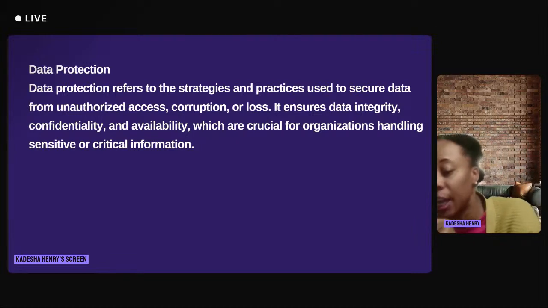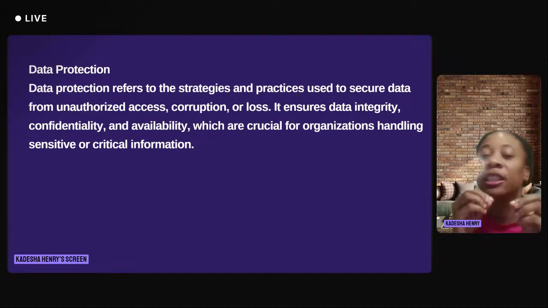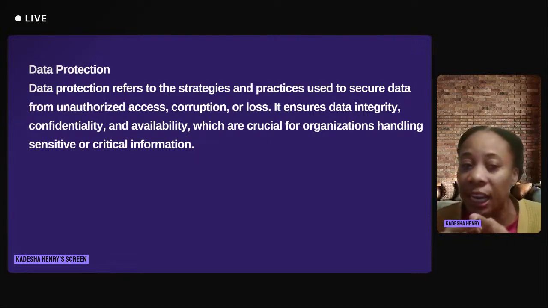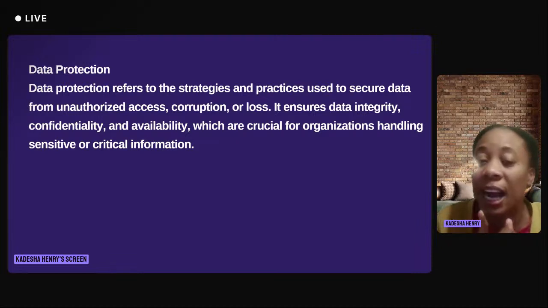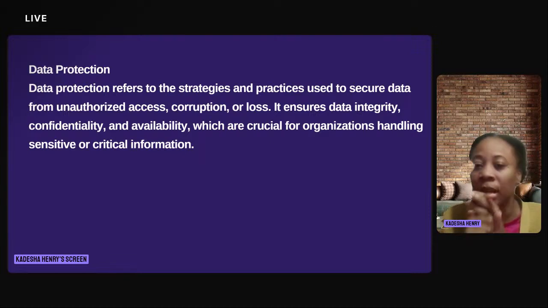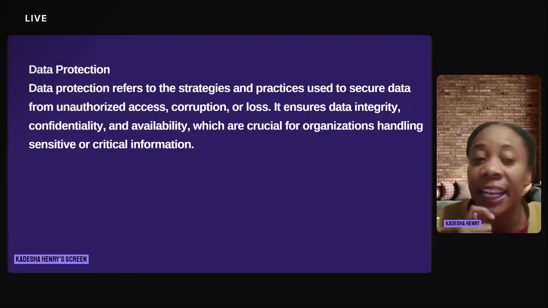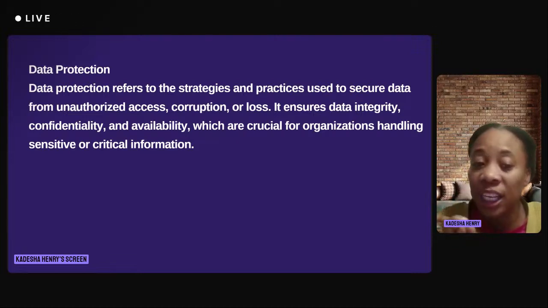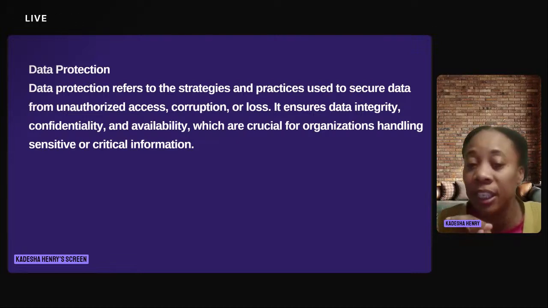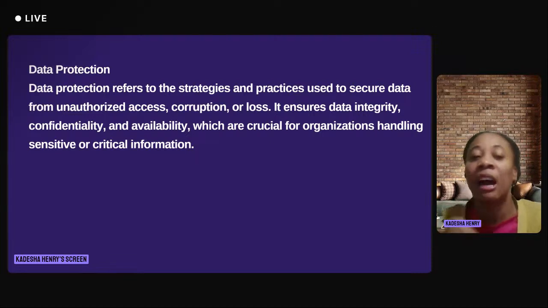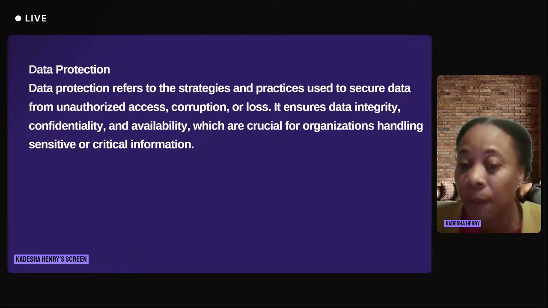So data protection is a strategy and practice that we use to secure the data from unauthorized access, corruption, or loss. It ensures data integrity. Remember, we dealt with data integrity. It ensures confidentiality and it ensures availability, which are crucial for an organization handling sensitive and critical information.